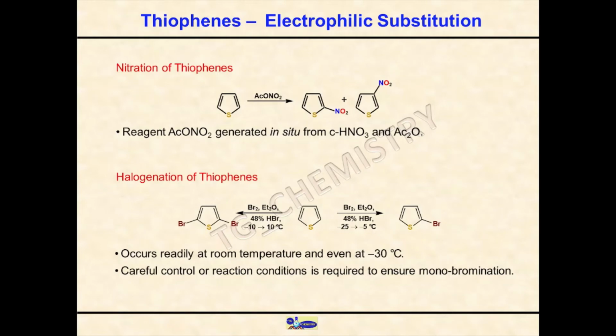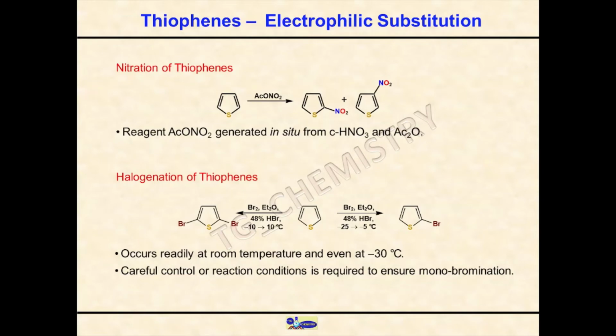Now if we increase the temperature from -10 to 10 degrees centigrade and keep the same reaction conditions of molecular bromine, diethyl ether and 48% hydrogen bromide, then thiophene will yield 2,5-dibromothiophene as the major product.